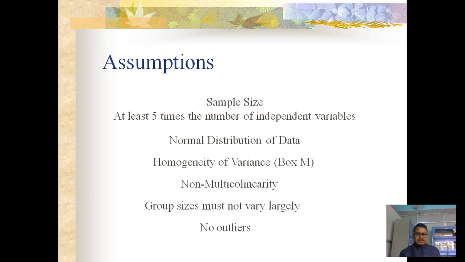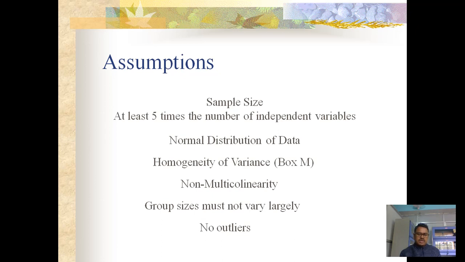However, in rare cases, if the data is not normal but we have a larger sample size, which is approximately heading towards normality, then we can violate the assumption of normal distribution of data if we have an appropriate or large sample size.